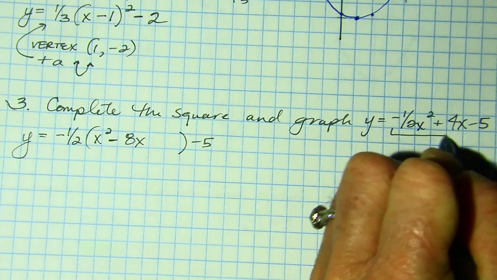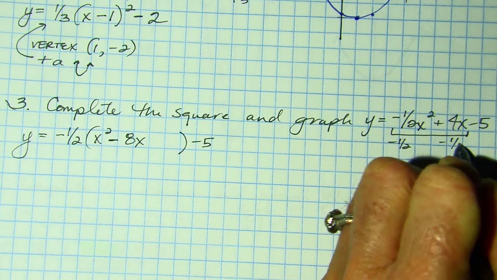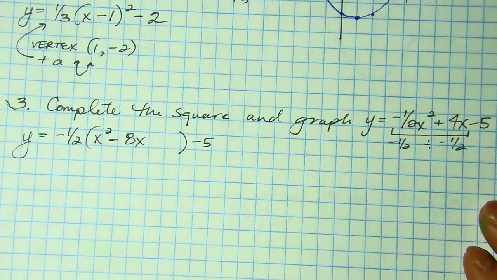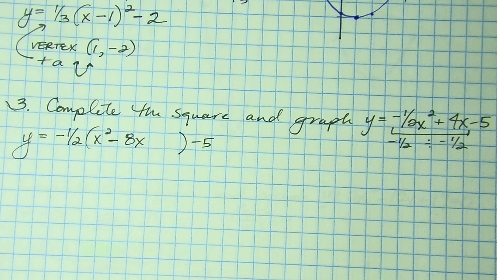I'm factoring 1/2 out of here, so I'm technically dividing each term by 1/2. So this is how many 50-cent pieces go into 4. You're not multiplying by 1/2. That would have given you 2. You're dividing: how many halves go into 4, and 8 halves would go into 4.